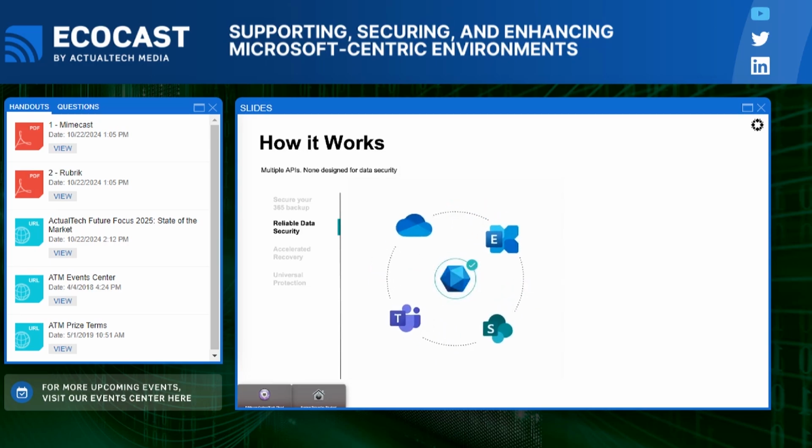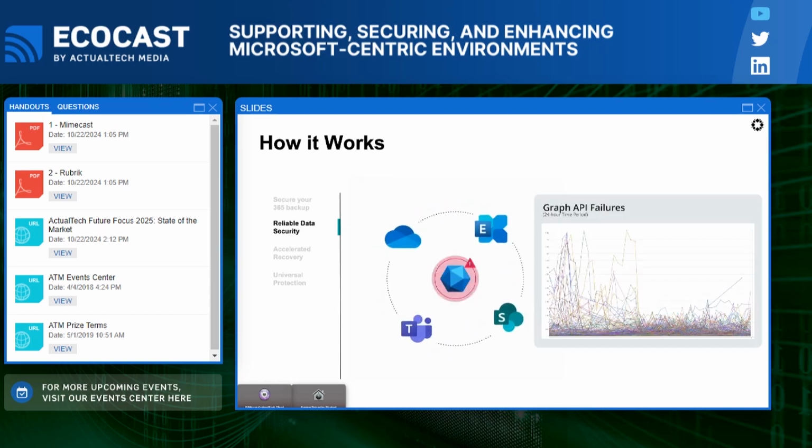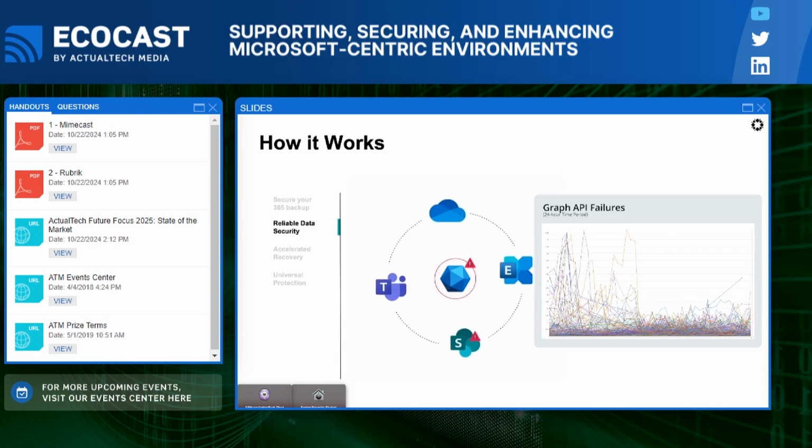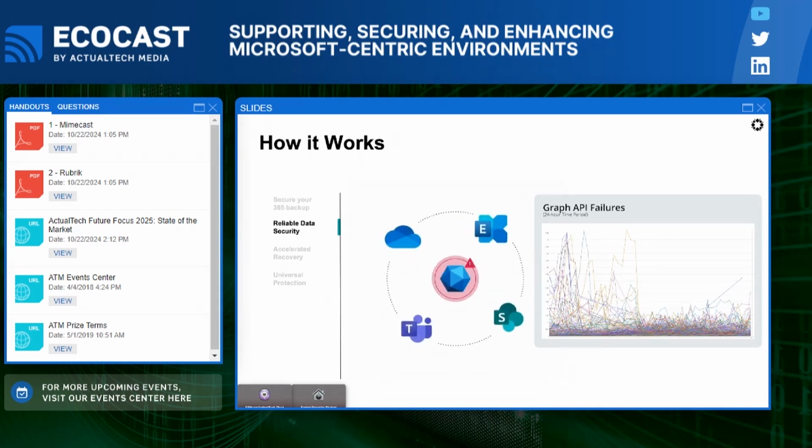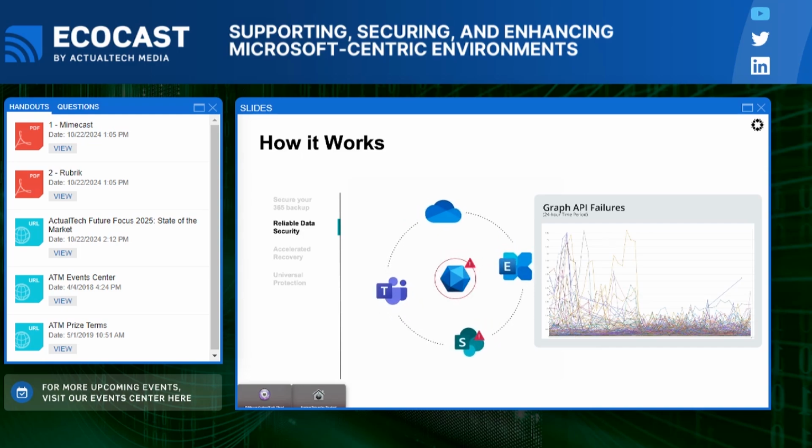On the back end, we're really reliable because we integrate with both the app-specific APIs in M365 as well as this overarching Graph API. By using multiple APIs, that's helping us ensure that we can handle failures as they occur. Because if you're familiar with Microsoft, you know that failures can happen. Look on the right here, this is showing how often these APIs can fail because so many people are accessing the application.